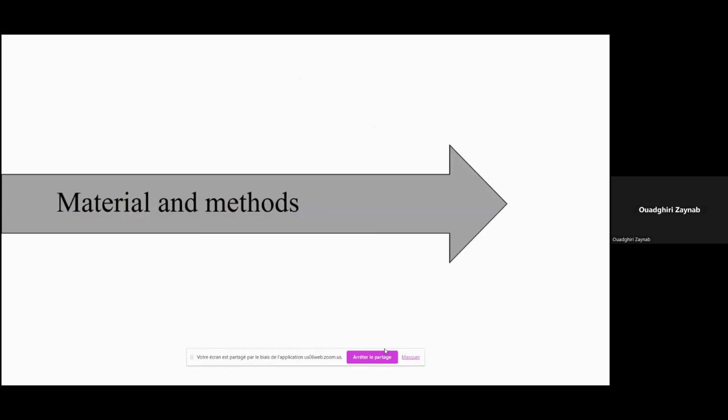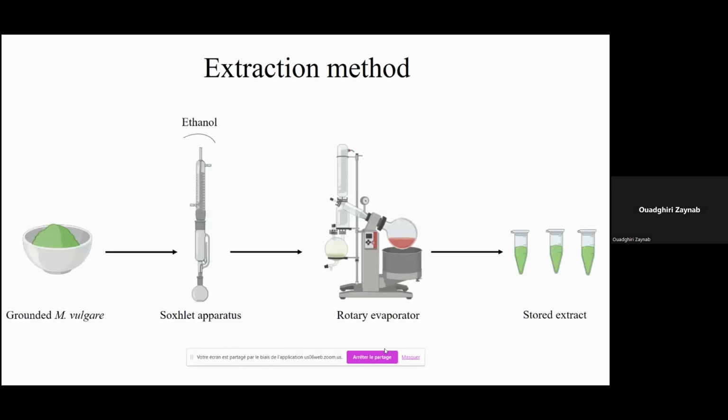For the material and methods, we started our study by preparing the ethanolic extract from ground Marrubium vulgare using potash and ethanol and a rotary evaporator. The extract was then stored until use.